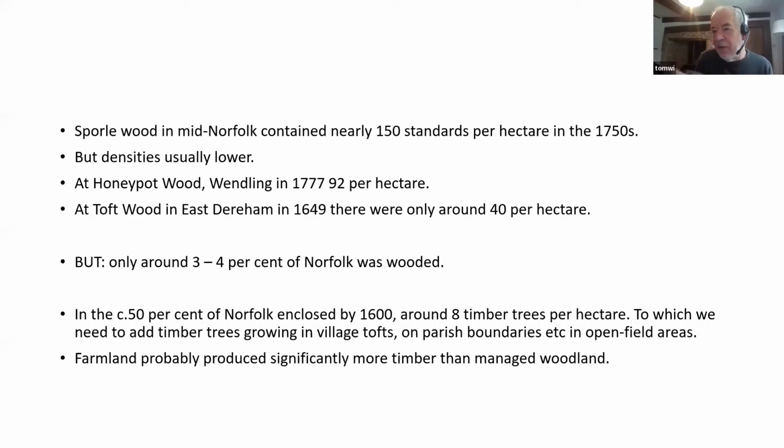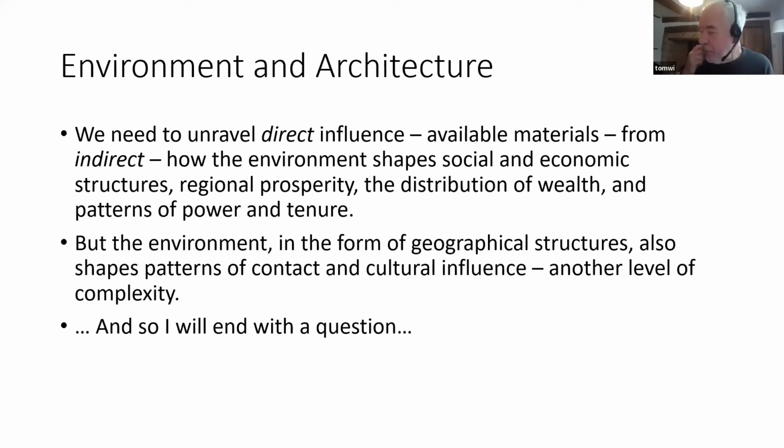Now you can juggle these calculations in a variety of ways, but it seems pretty clear that farmland is actually producing most of the timber in Norfolk. Whether that's most of the timber used in vernacular buildings is a different question, but my guess would be that it probably is. Okay, I'm just going to make two more comments, briefly.